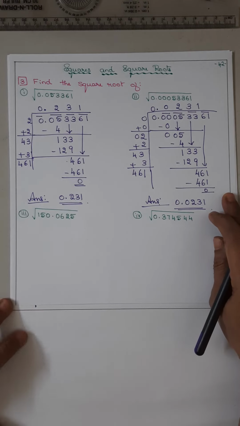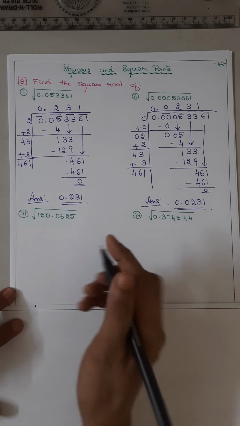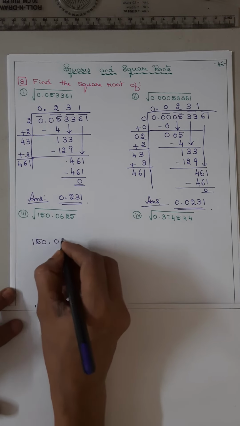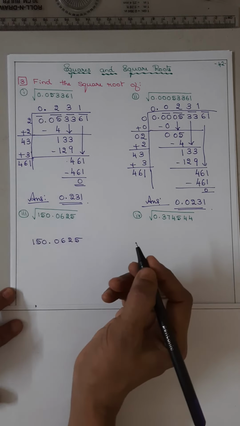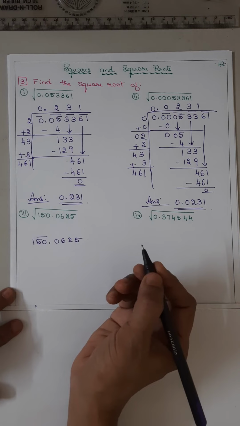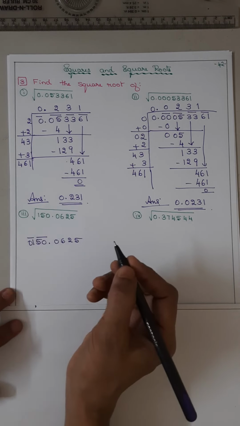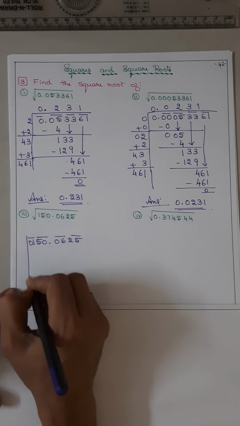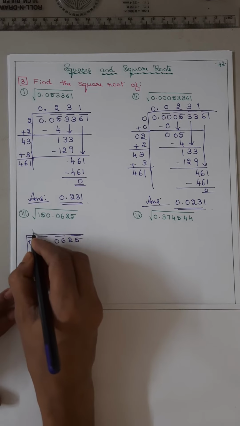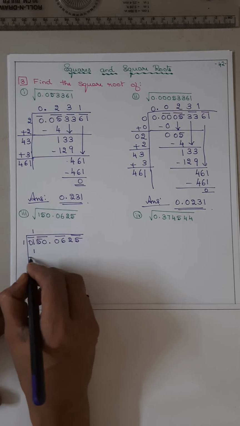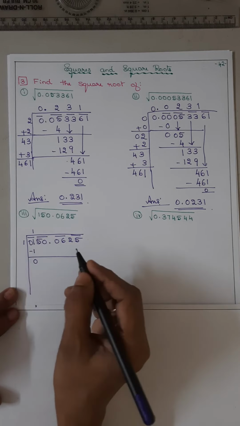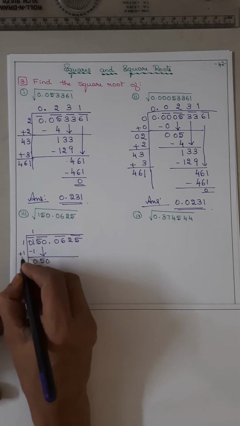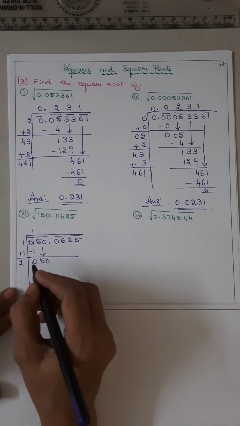Now coming to the third sum. It is 150.0625. On the whole number side, it is right to left. On the decimal side, from left to right. First group it, then put the lines. 1 ones are 1. It is 0. Bring 50 down. Now add 1, it is 2. 2 twos are 4.